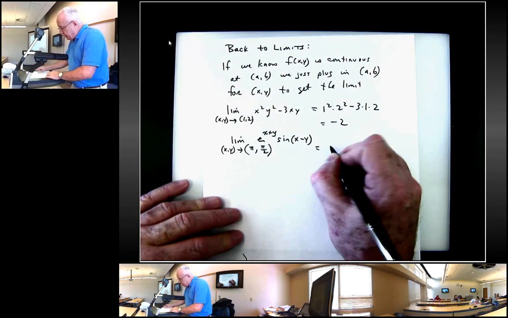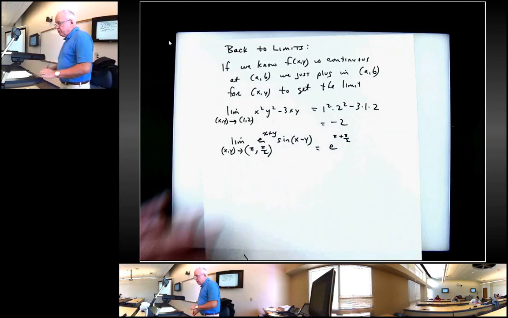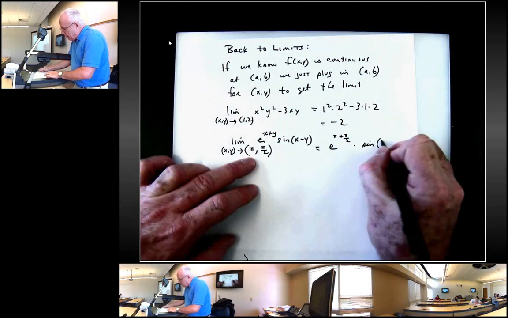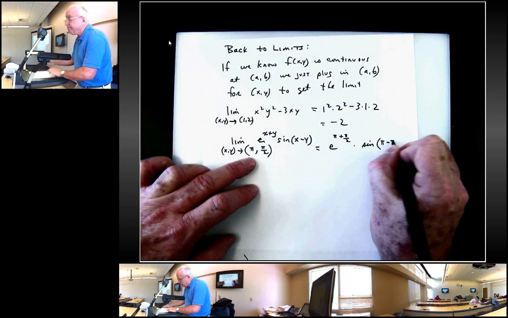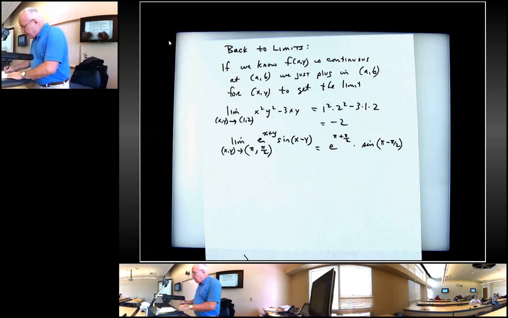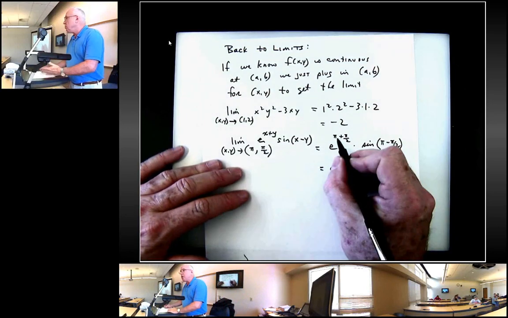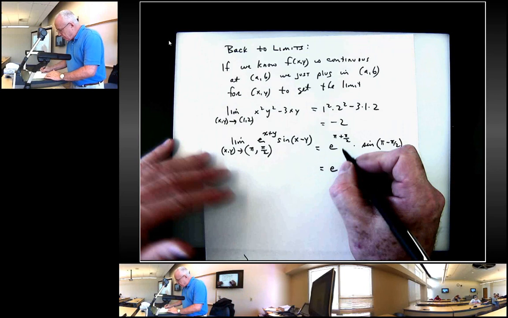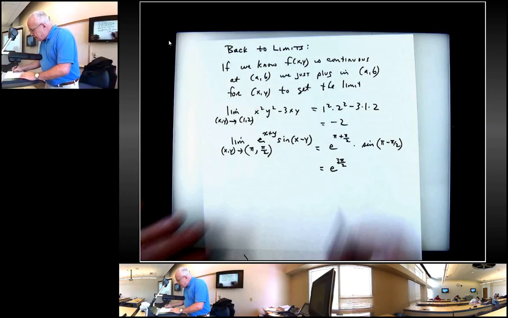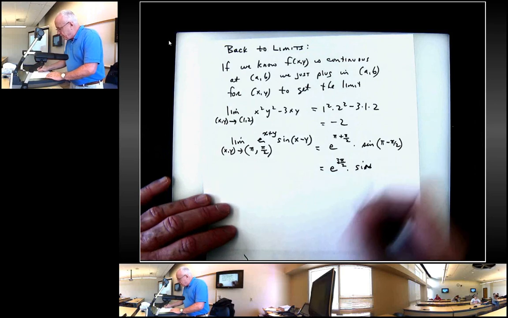So that's going to be e to the pi plus pi over 2 power times sine of pi minus pi over 2. Now this one can be simplified a little bit. This is going to be e to the, pi plus pi over 2 is 3 pi over 2, and then the sine of pi over 2.